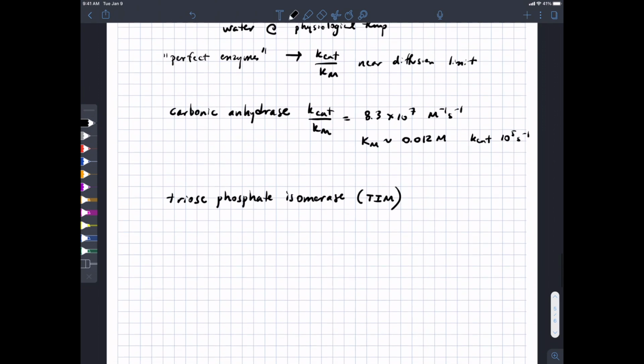In contrast, for triose phosphate isomerase, kcat over Km equals pretty close to the same number, about 2.4 times 10 to the 8 per molar per second. But how it gets there is different. Kcat is around 10 to the 13, whereas Km, hold on, that can't be right at all.